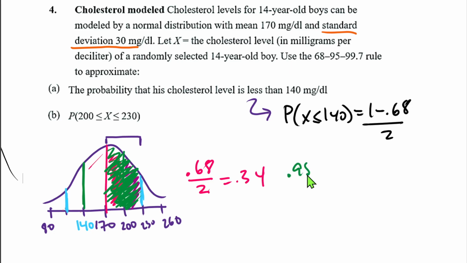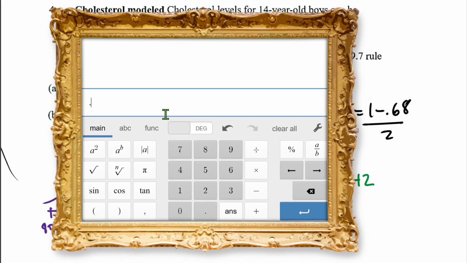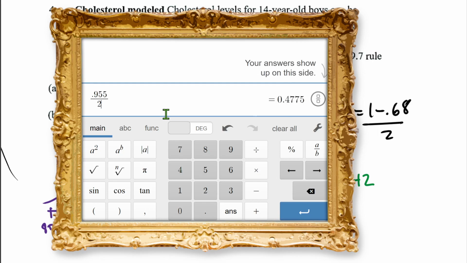So that would be 0.955 divided by 2, which is, let's see, I should be able to just do this. 0.4775, of course.